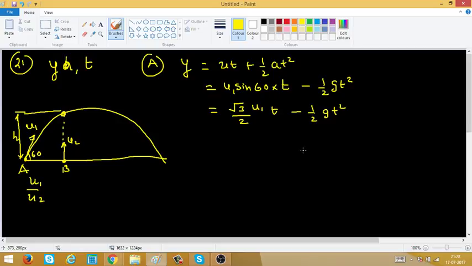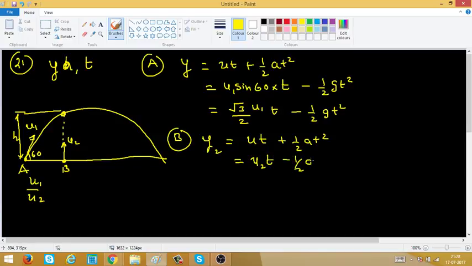Similarly, for object B, y2. Now this is going straight up. Again, I'll use the equation ut plus half at square. In this case, u is vertical, so I will have u2 t minus half gt square. So I have got this vertical displacement.